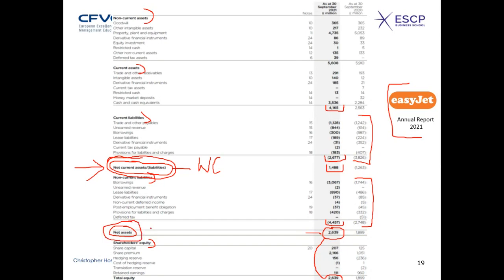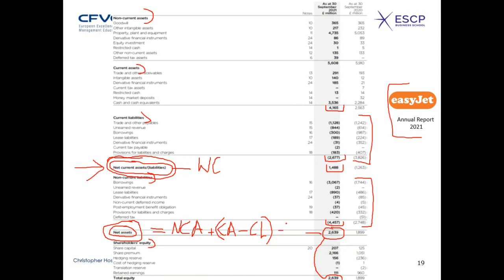So in the end, how did they calculate net assets? Well, they took non-current assets, that's the first part, plus current assets, that's the second part, minus current liabilities. And remember, current assets minus current liabilities is presented as working capital or net current assets.